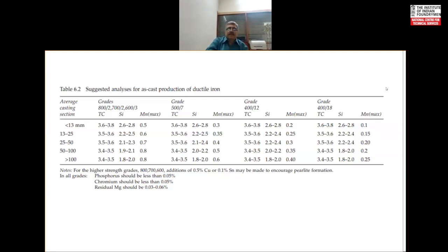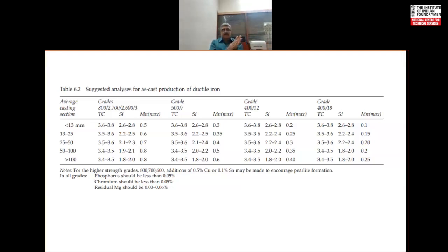That's the main difference really. You use manganese extensively for control of the microstructures. And other requirements like phosphorus less than so much, chromium less than so much, and a rather big range of 0.3 to 0.6 for residual magnesium is given. That's because we are covering all the section thicknesses.